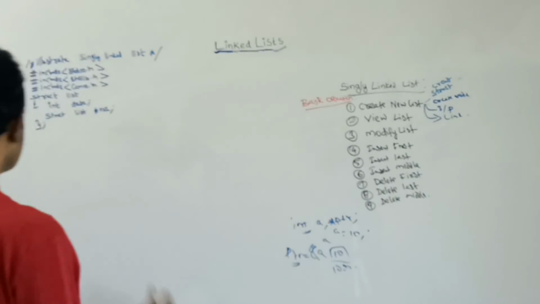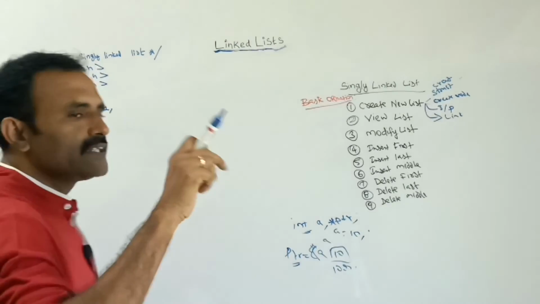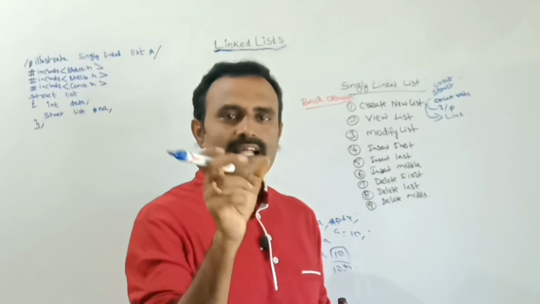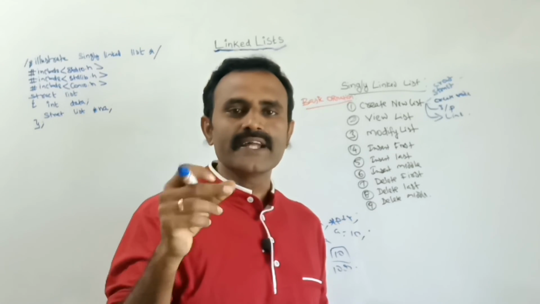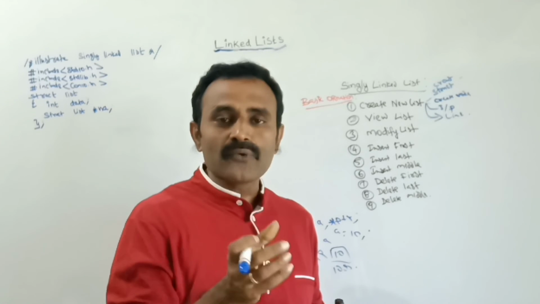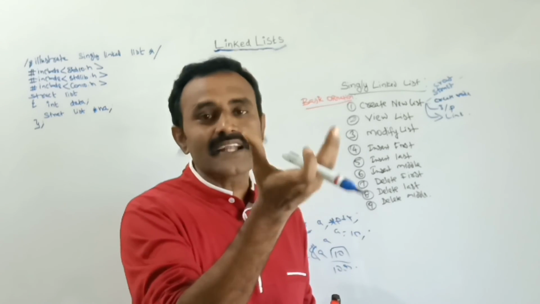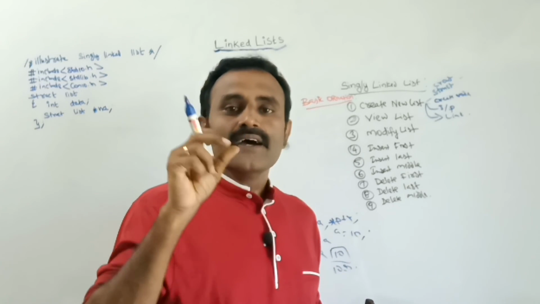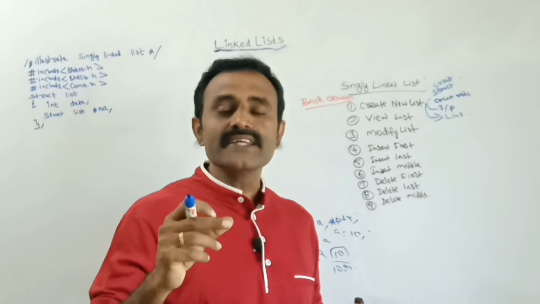In a similar way here, for each and every node, with the help of the structure only we are going to create the node and store the data. So here I am going to fetch the address of the structure node, so I should create the pointer variable also in the same data type.